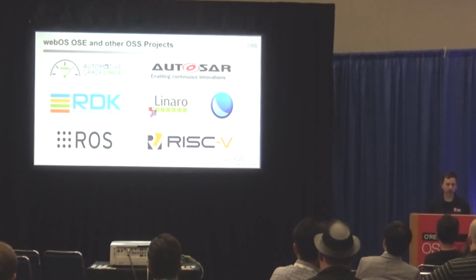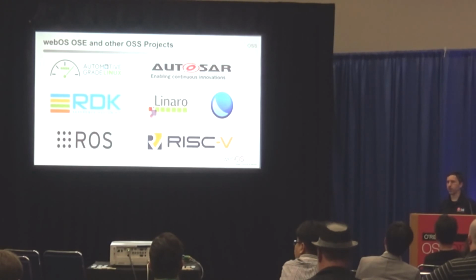I talked about ROS and AGL. LG is also involved in AutoSAR and Adaptive AutoSAR, which again is an automotive platform built on Yocto. Linaro is doing some very interesting work on building specifications for how these open source systems are going to talk to each other on a car, in a case where you have a very powerful processor, say an NVIDIA processor, and you want to run multiple things side by side on the same processor.